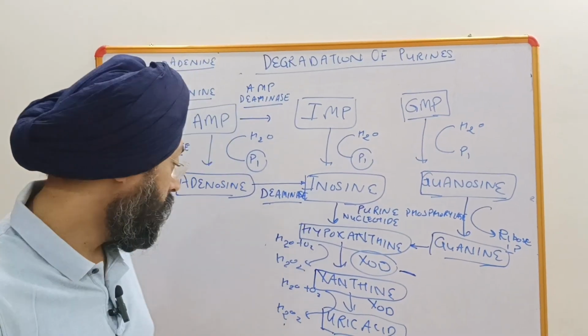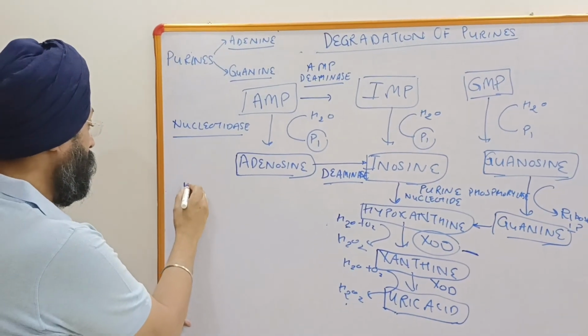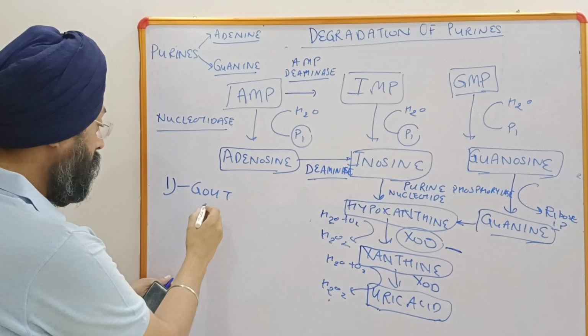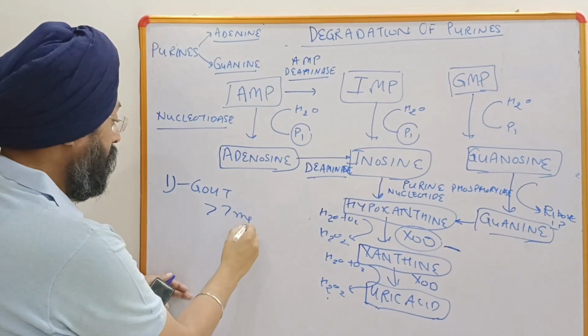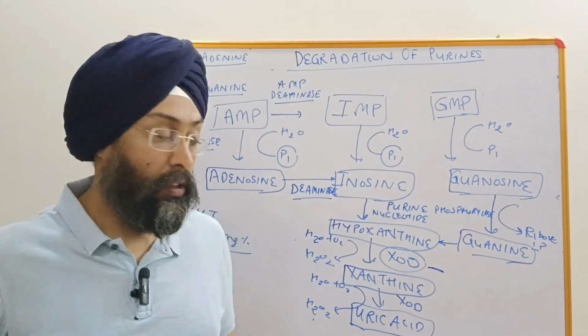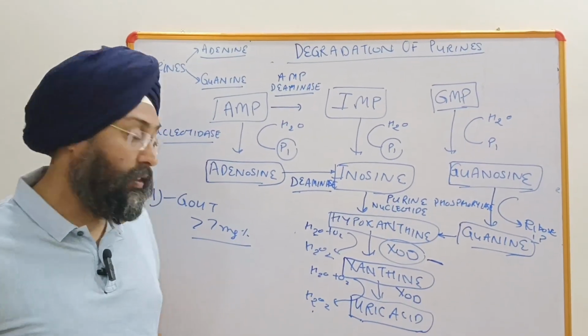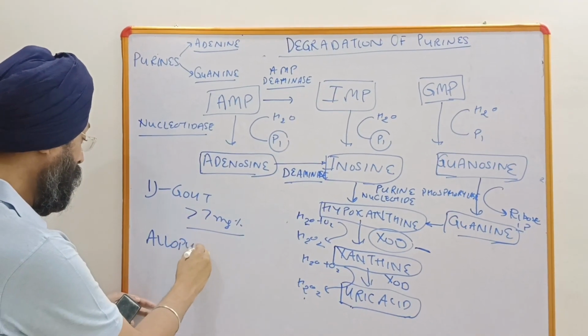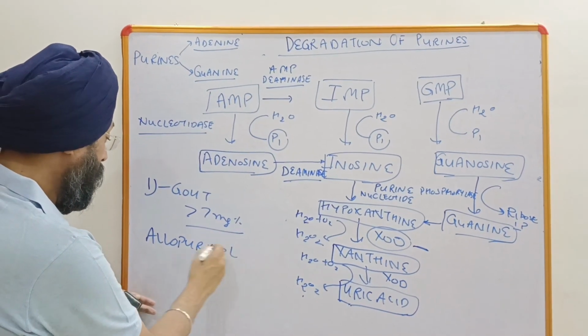Now the first disorder of this metabolism is gout. If the levels increase above 7 milligram percent, it will lead to hyperuricemia and gout. The primary drug of choice is allopurinol, right?